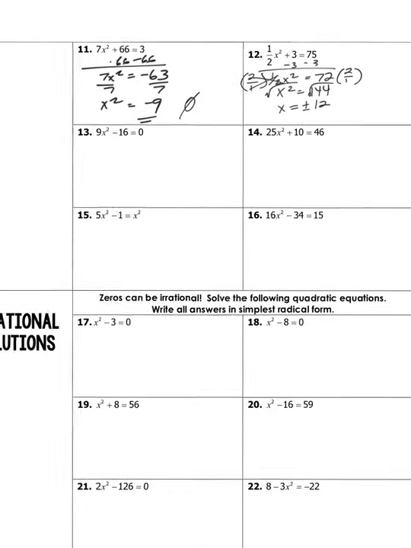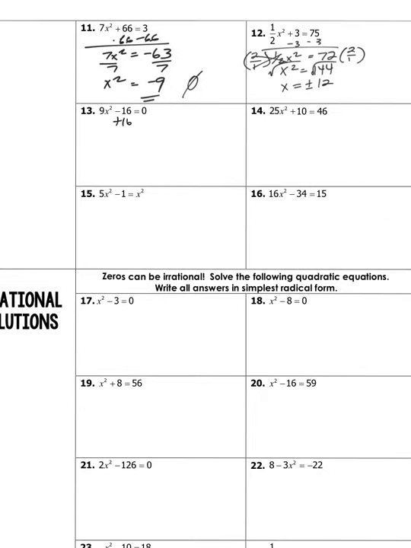Oops, shrink that up a little. Add 16 to both sides. Divide by 9. And if we take the square root of these, we get x equals plus or minus 4/3.